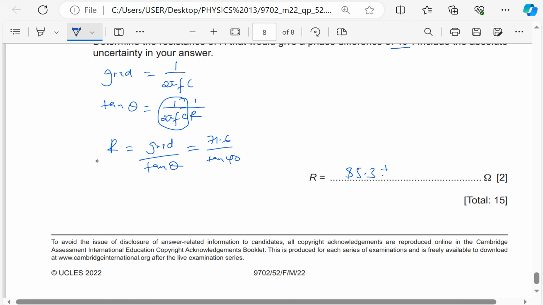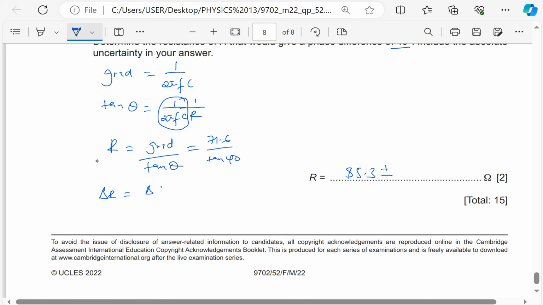Then plus or minus the uncertainty. So I'm going to find the absolute uncertainty in R. Since I have gradient divided by tan theta, and tan theta is a constant, I'll just ignore its uncertainty. I have the uncertainty for the gradient.